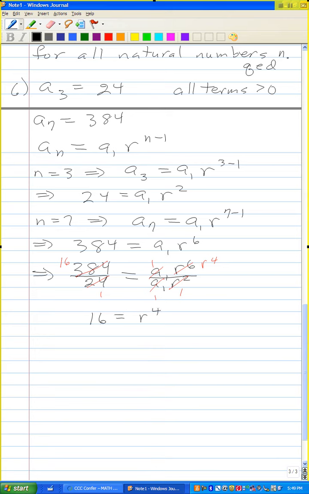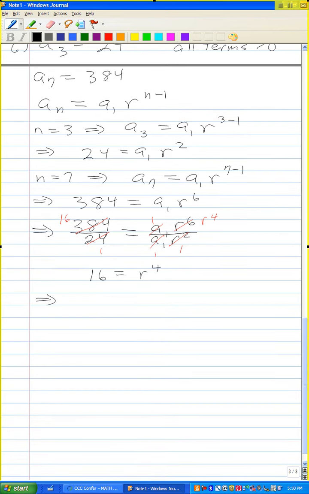So by the square root property, actually, let me do it this way. Let me not use the square root property. Let me subtract 16 from both sides of my equation. So I get r to the 4th minus 16 is 0. I can factor: r squared minus 4, r squared plus 4 is 0.